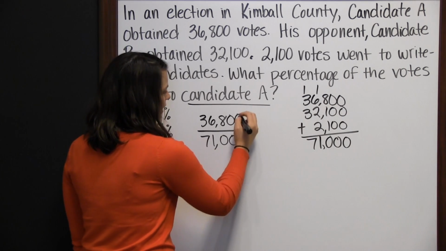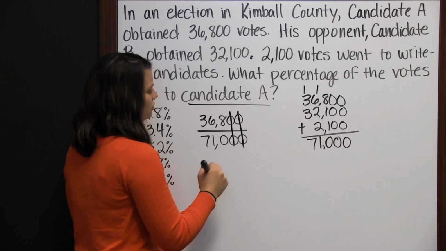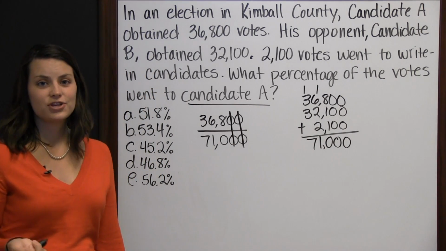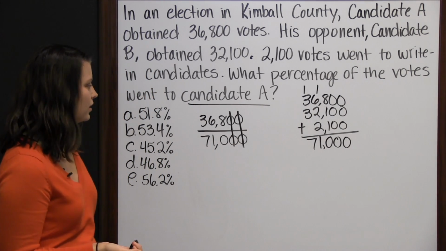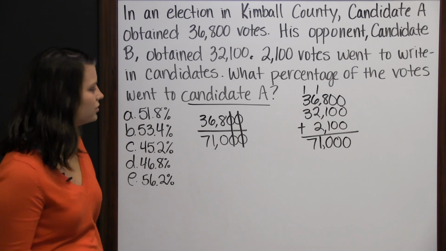But before I divide, I'm going to first simplify this fraction by canceling 2 zeros. And now my division will be a lot easier. So we need to divide 368 by 710.